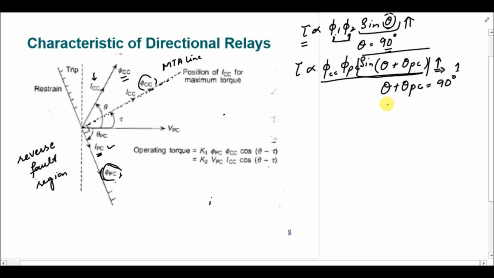So this theta is equal to 90 degree minus theta PC. So that's why we have a line here that is making actually the angle tau, and the summation of this tau and theta PC is equal to 90 degree.